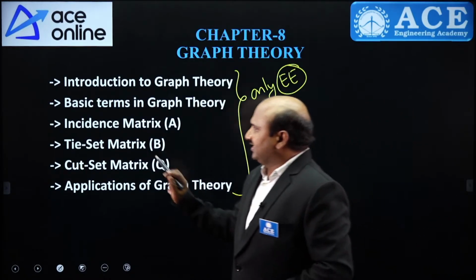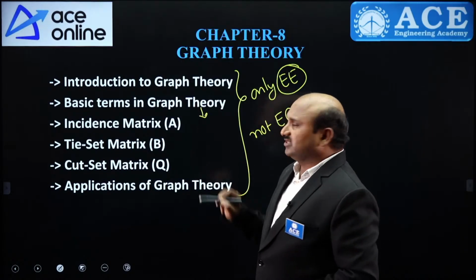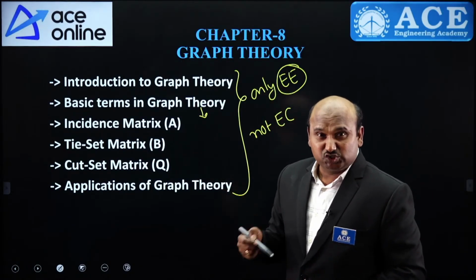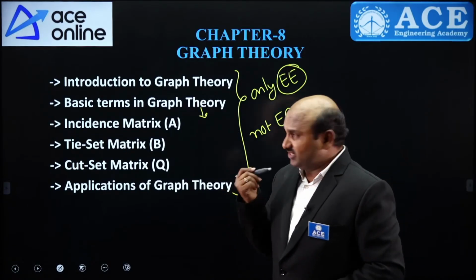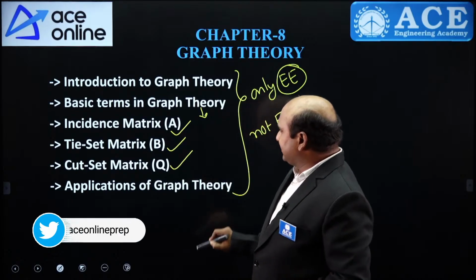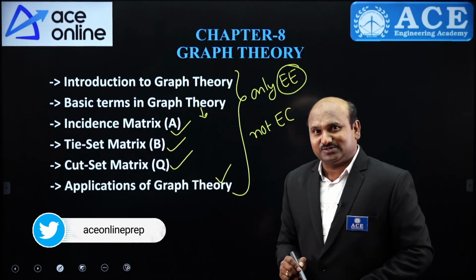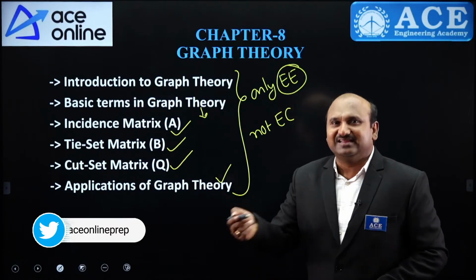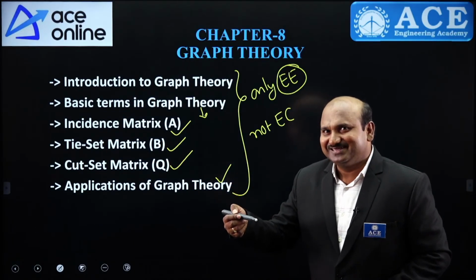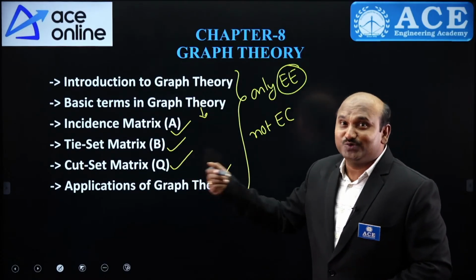Introduction to graph theory and the basic terminology: what are the basic terms? Tree, twig, link, and so on. Then incidence matrix, tie-set matrix, cut-set matrix, applications of graph theory in electrical circuits and power systems, adding a branch, removing a branch. This is the concept you are going to use here.